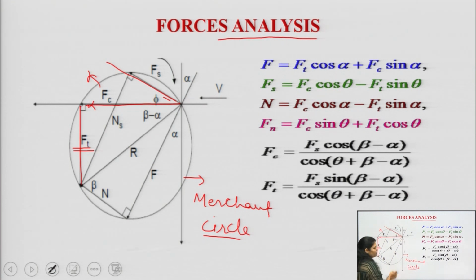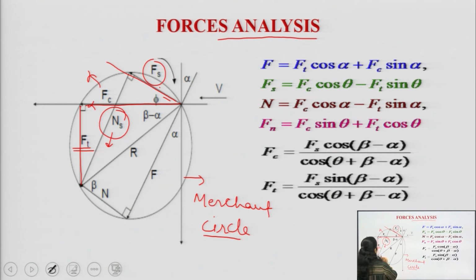This is the shear plane along which the shear action is taking place, or the material is deforming. One force will act along this plane also, and this force is known as the shear force, denoted by Fs. The force normal to the shear force is denoted by Ns.